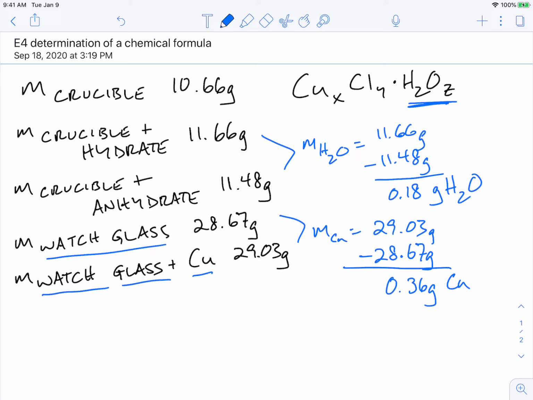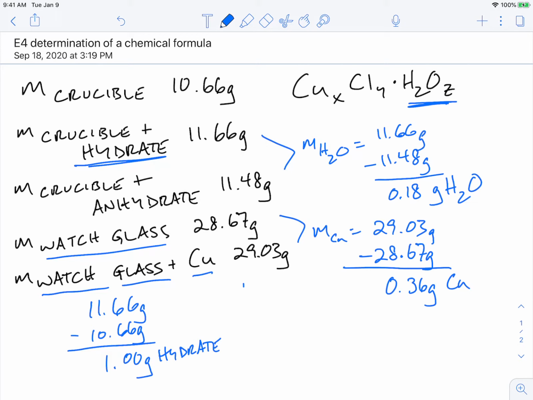So we know the grams total of our hydrate was 11.66 grams, which was the mass of the crucible plus the hydrate minus the mass of the crucible. So we know we started out with 1 gram of our hydrate.